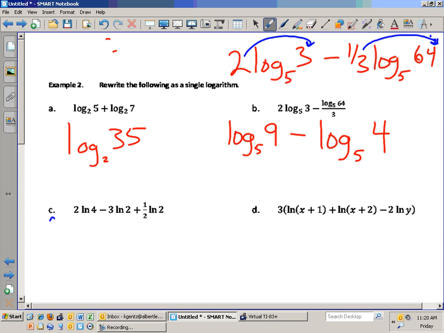So 4 is the third root. Now, instead of writing a subtraction, how can I write it? Very good. Log base 5 of 9/4. So we rewrote it as a single logarithm.